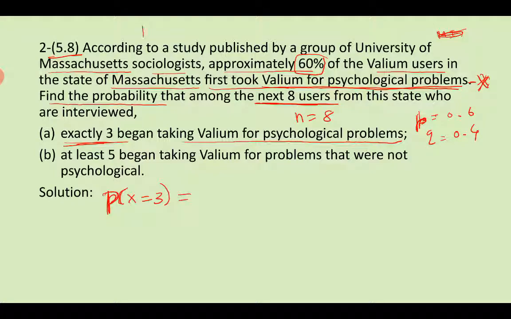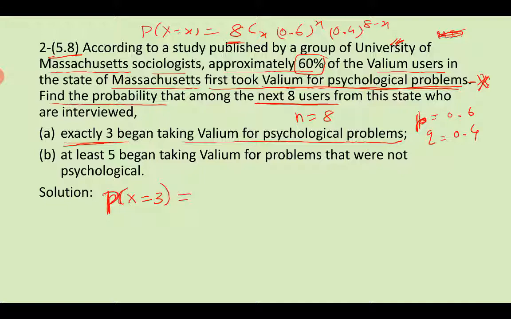And what is the formula here? P of X equal to x is 8Cx, 0.6 to the power x, 0.4 to the power 8 minus x. In this case, this is the formula. n has been replaced by 8.